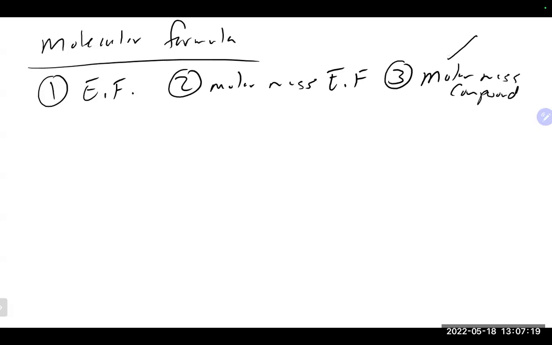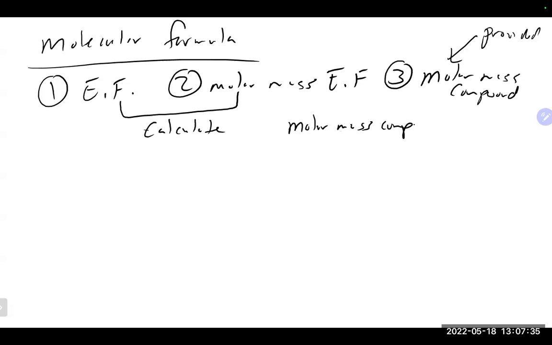In book problems, this last one is usually provided to you, though you may need to calculate these others. Once you have all 3 pieces of information, you take the molar mass of the compound and divide it by the molar mass of the empirical formula, and it will give you a number. That number is what you multiply your empirical formula by.